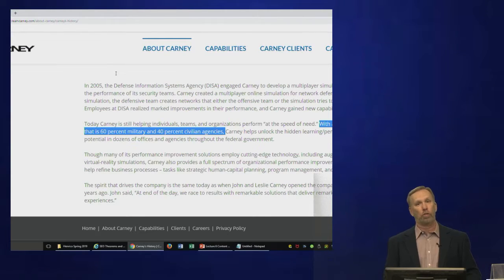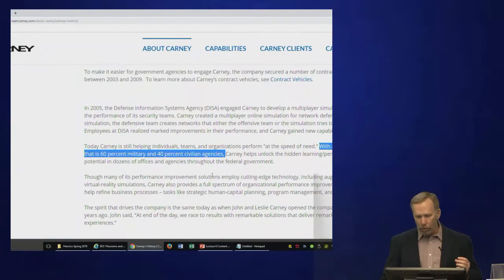I said, no, it says you serve 60% military and 40% civilian, which I see as civilian government. But even the employees of the company are confused by the information that's displayed in their About Us page.